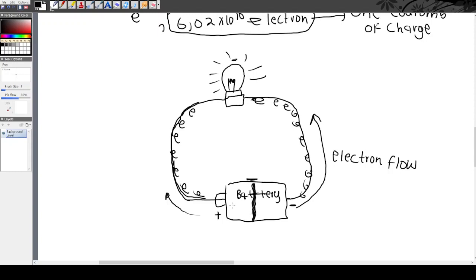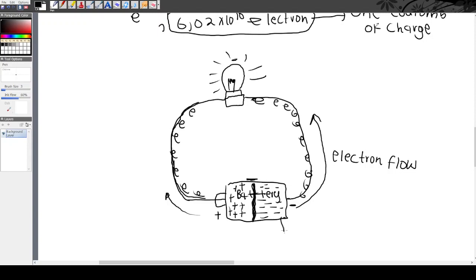The battery's positive terminal has a high number of positive charges. And the negative terminal of the battery has negative charges, meaning it has many electrons. This positive side of your battery has positive charges, which you can call protons if you want.